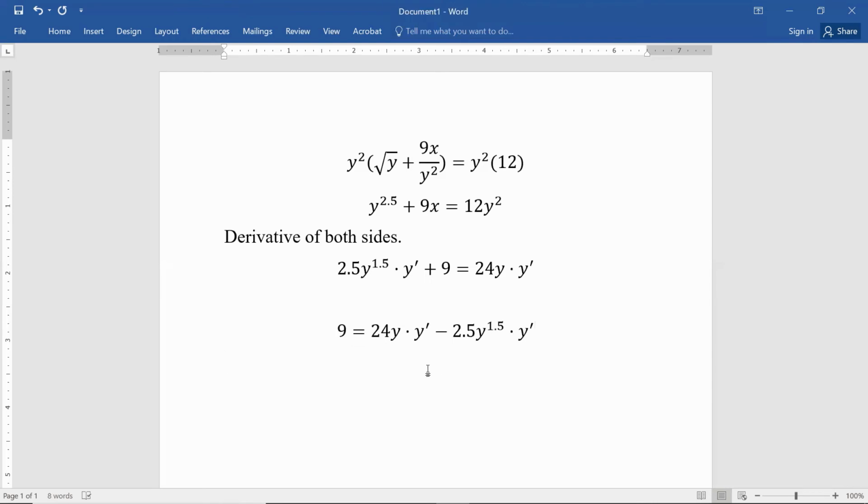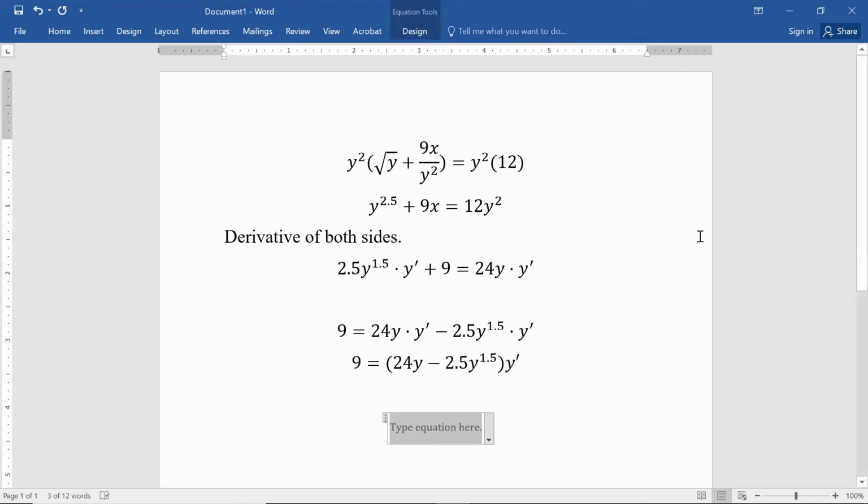Now I can solve by factoring out a y prime. That equation becomes 9 is equal to 24y minus 2.5 y to the 1.5 power, all multiplied by y prime there on the right-hand side of my equation.